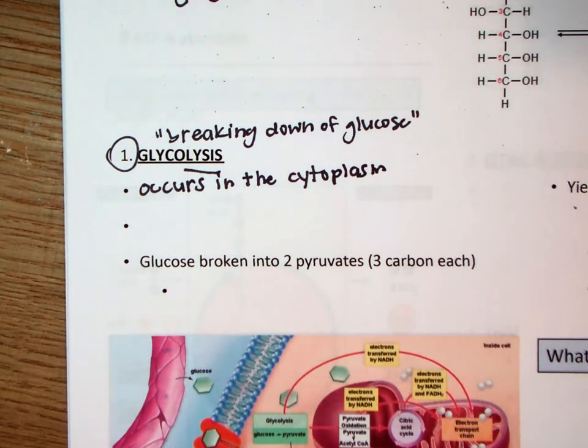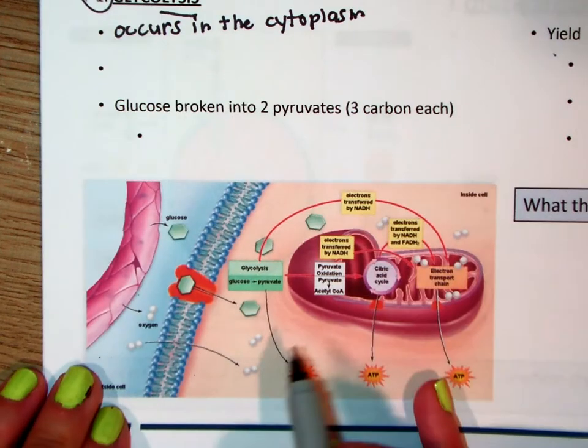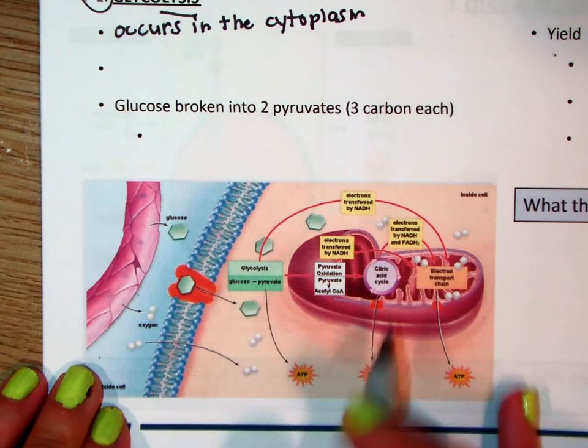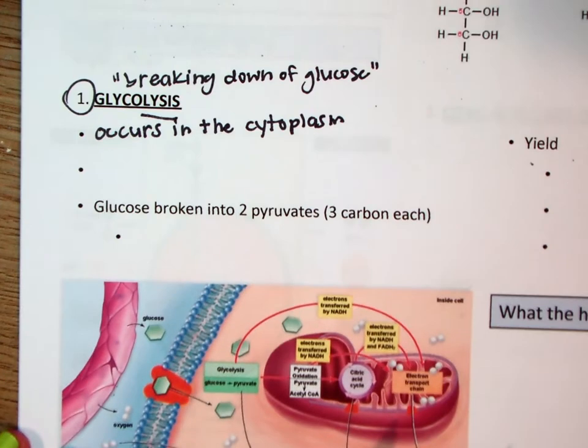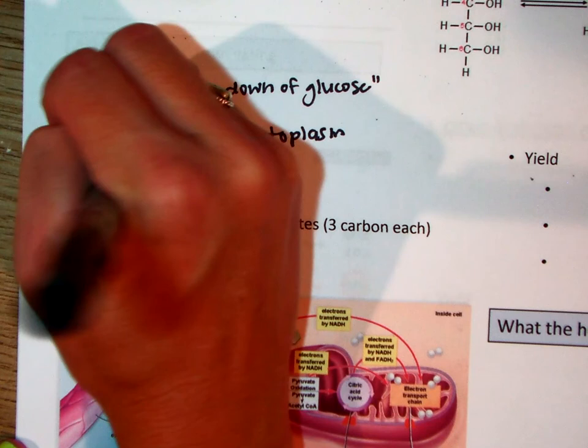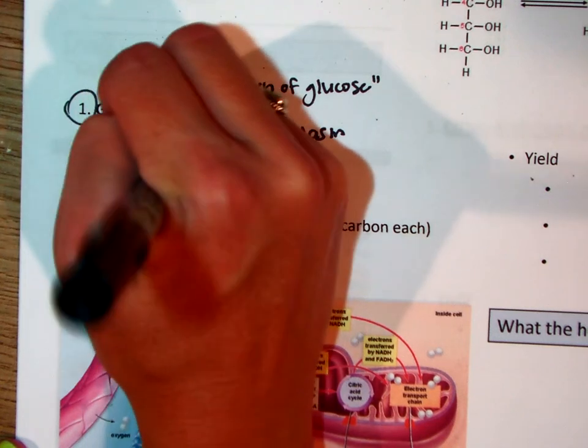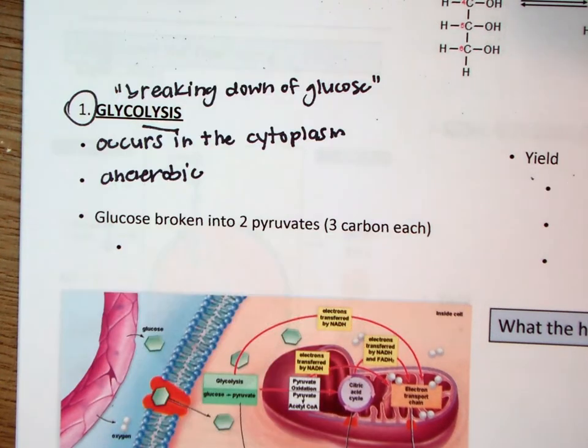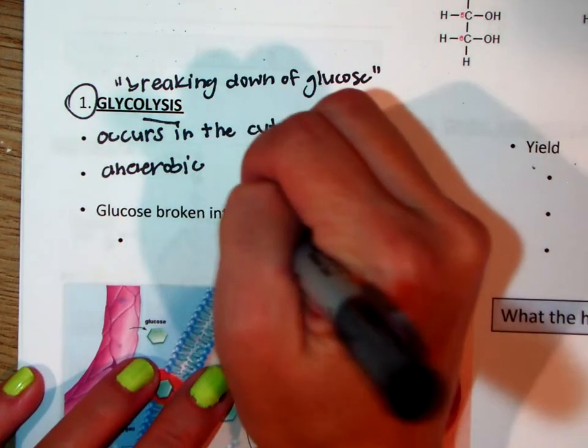And remember, the cytoplasm is just that jelly-like fluid, it's peach in this picture, that all of the organelles are suspended in. It's anaerobic, so it doesn't require oxygen. And what happens is glucose is broken into 2 pyruvates.